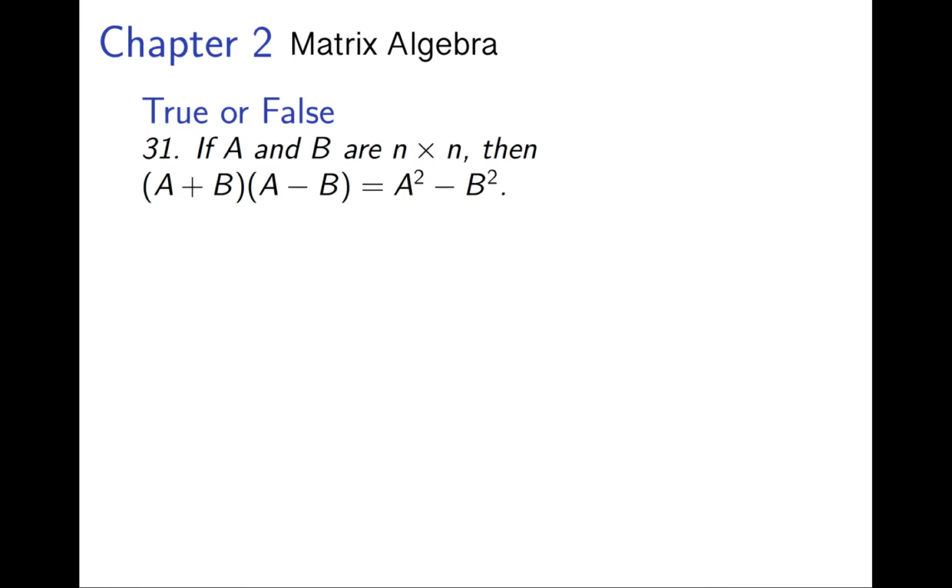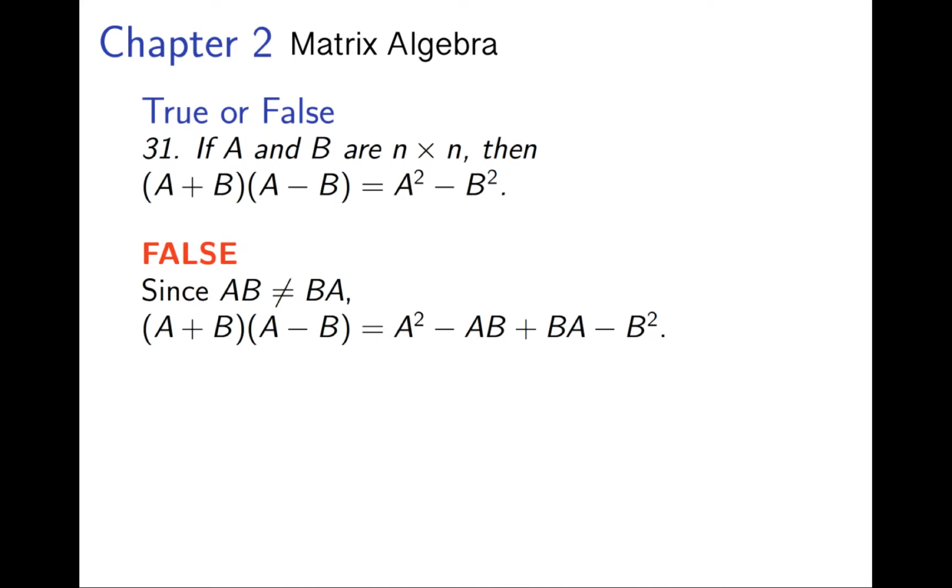Number 31. If A and B are n by n matrices, then A plus B times A minus B is equal to A squared minus B squared. This, again, is false. And the reason why it's false is that matrix multiplication doesn't necessarily commute.